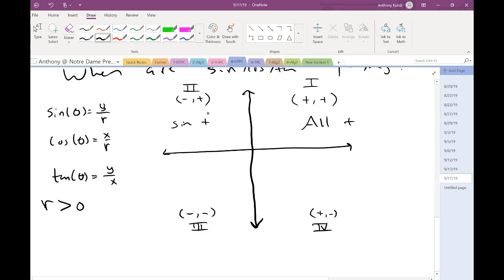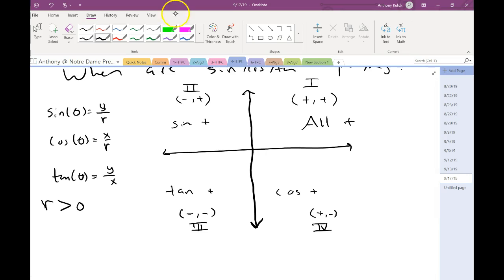So I don't need to write on both. Okay. If I move to quadrant 3, sine is negative over positive, cosine is negative over positive, and tangent is negative over negative, and I know that that makes it positive. And then into quadrant 4, sine is negative over positive, cosine is positive over positive, and tangent is negative over positive.